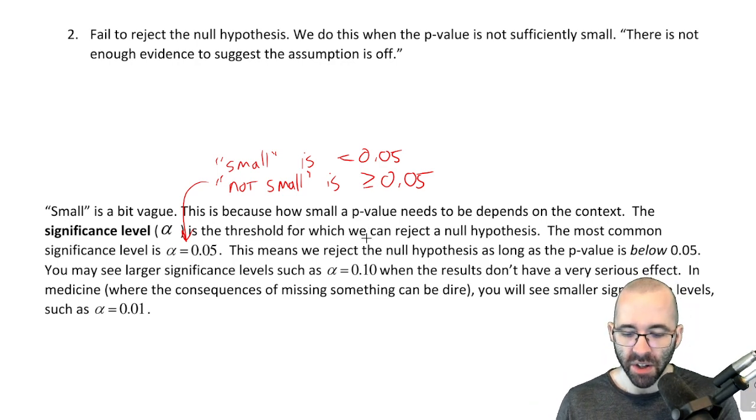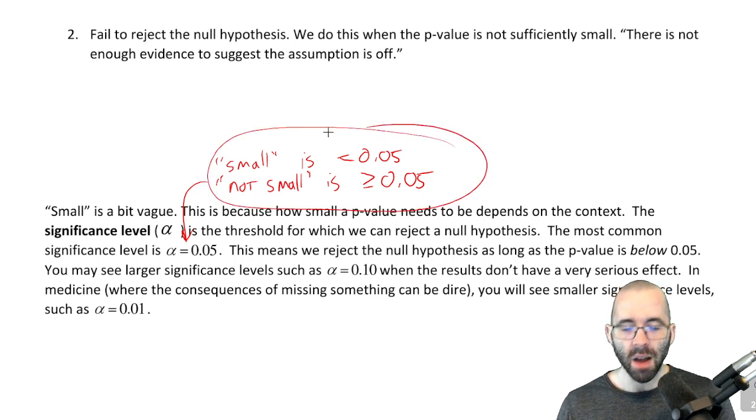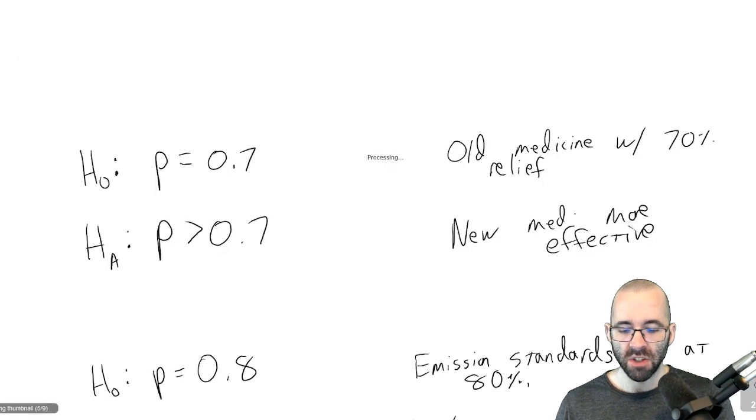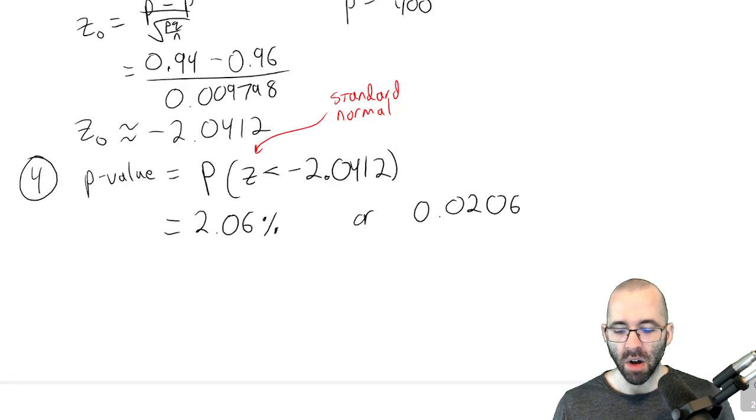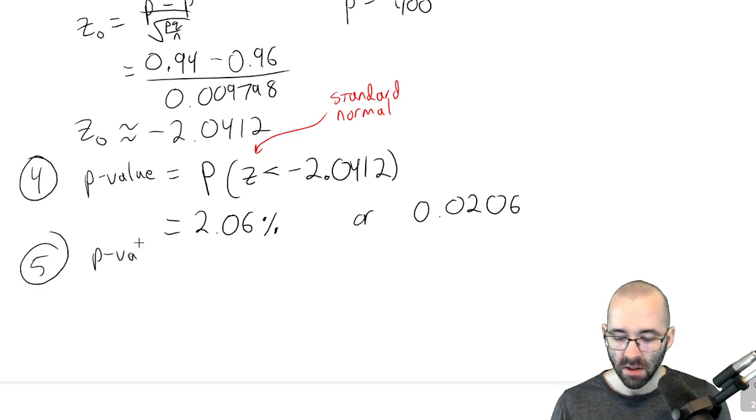So let's finish up this video with a conclusion. If this is our common alpha, then which situation are we in? Are we small or not small? Is our p-value less than 5%? Yeah, it is. It's less than 5%.